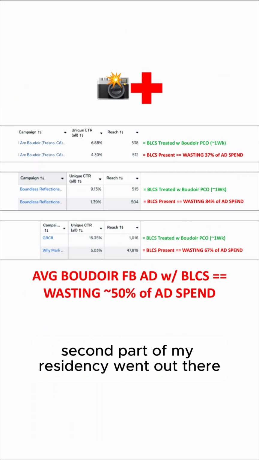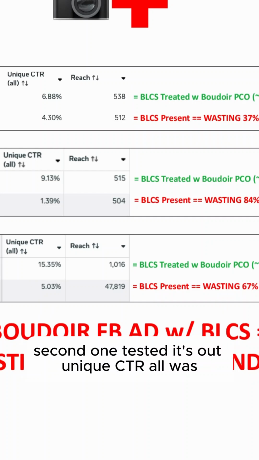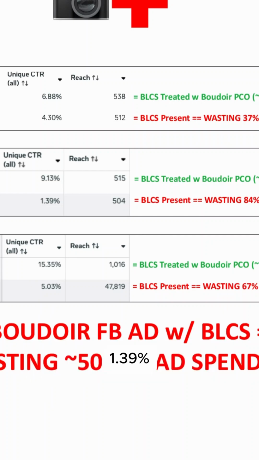Second part of my residency, I went out there, saw a Boudoir Facebook ad, and brought it to the hospital. Second one, we tested it out and its unique CTR was 1.39%.